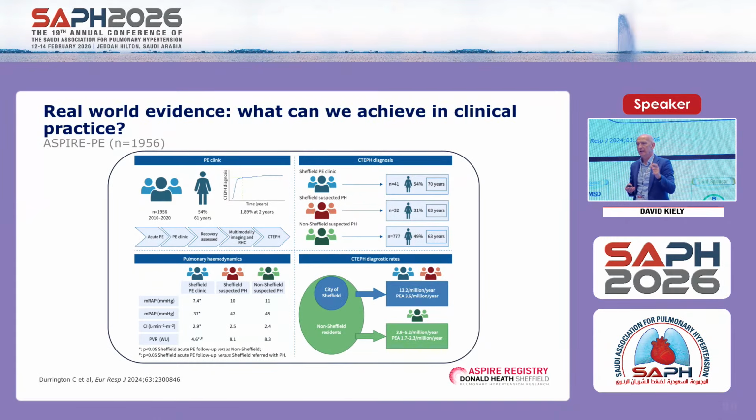What we found particularly interesting, if we look at our city in Sheffield, is that we've got much higher diagnostic rates for that population, around 13 per million per year, compared to 3.6 to 5.2 per million per year for patients in our referral population, which is very similar to the UK diagnostic rate.